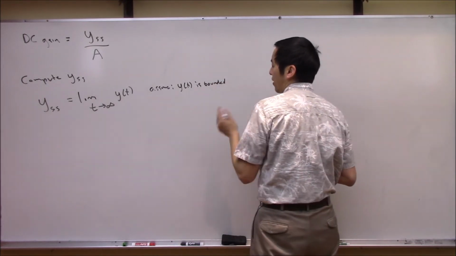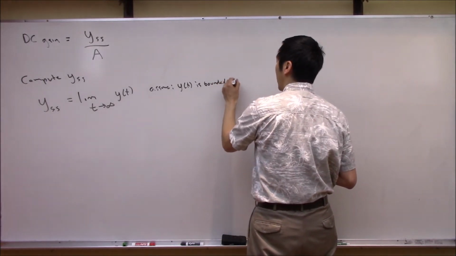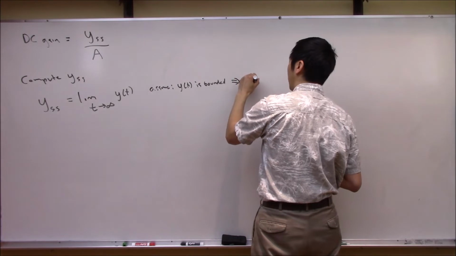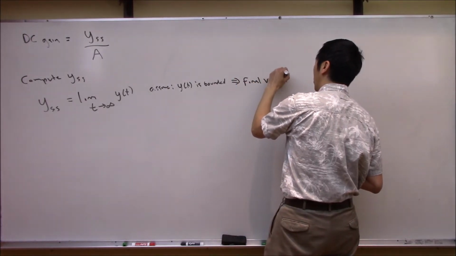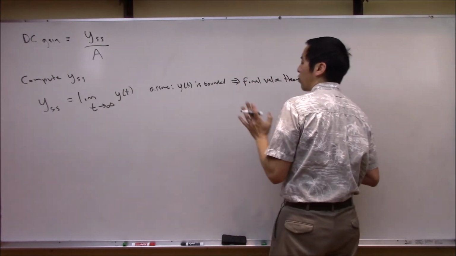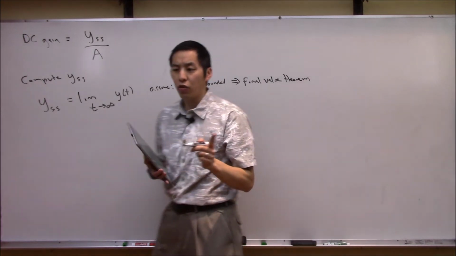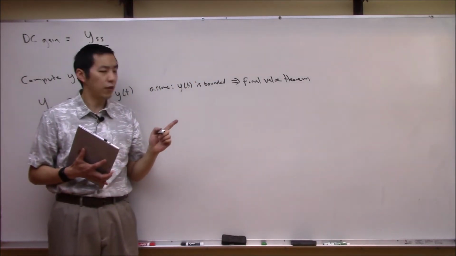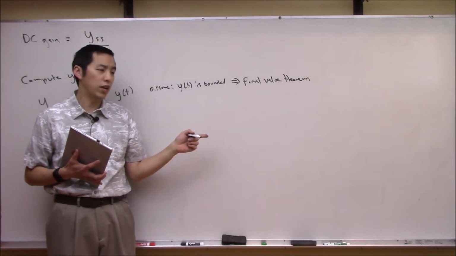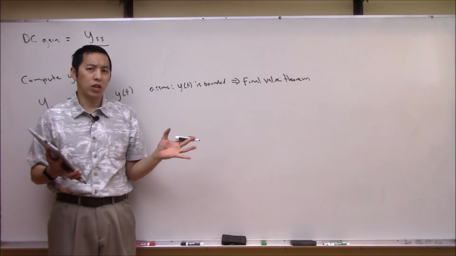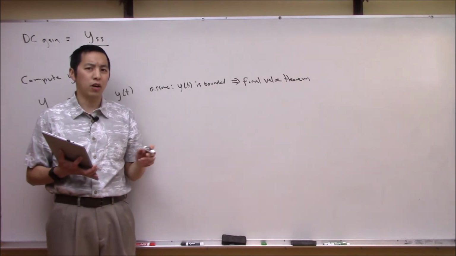That allows us to apply the final value theorem. If you haven't had a chance, we talked about the final value theorem in our previous video, so take a moment to pop back over there and brush up.